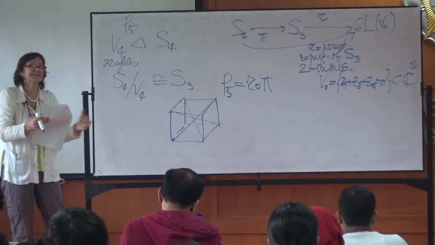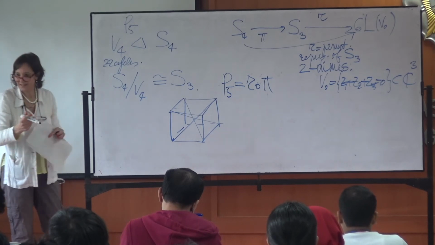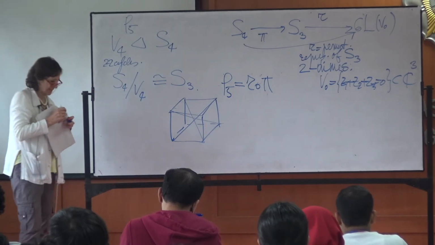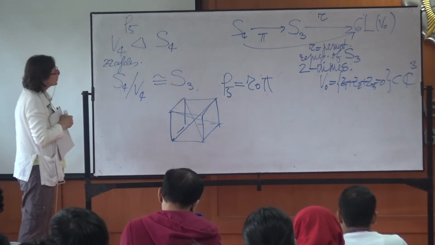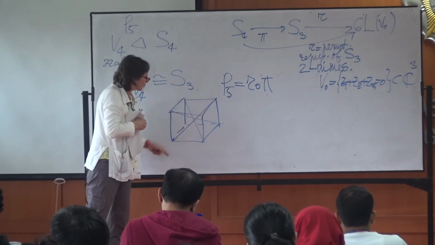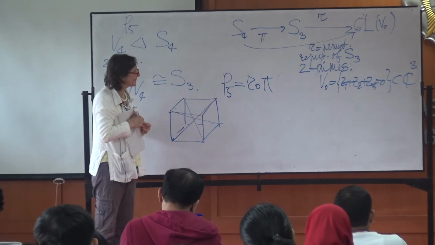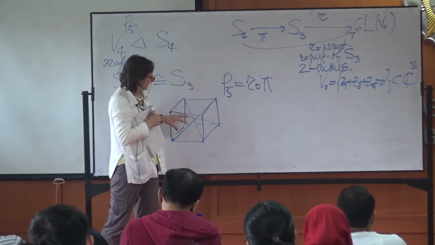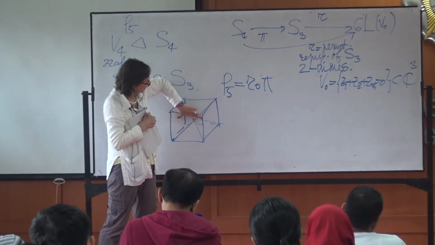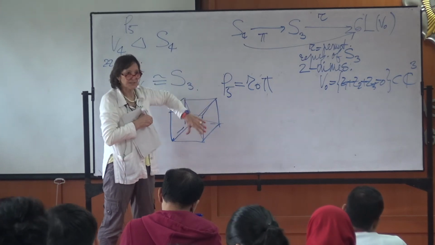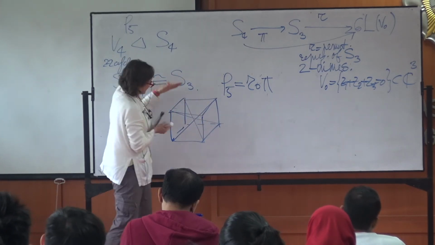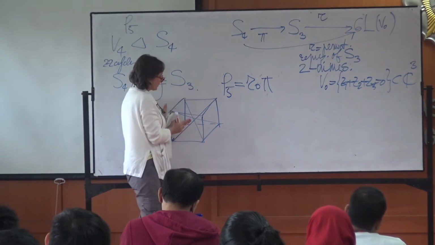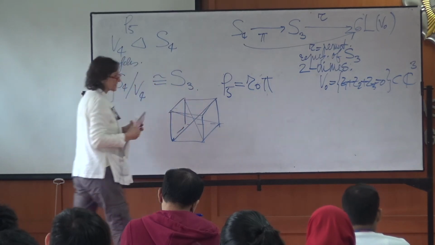That's the S3, the action of S3 in this geometric picture. S3 permutes the pairs of opposite faces, which are 3 of them: top and bottom, and 2 pairs of opposite faces on the side.